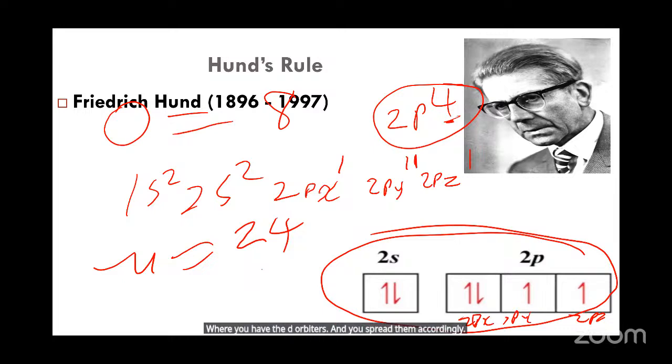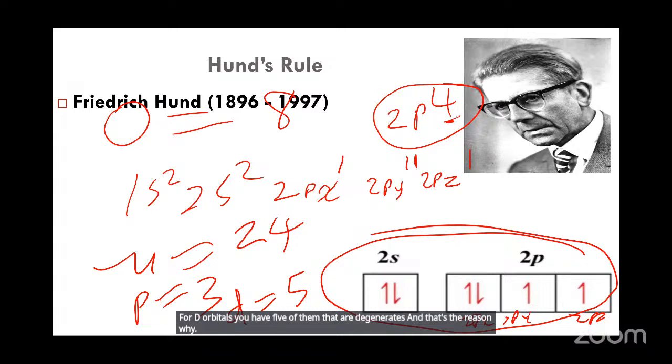Because for p orbitals, you have 3 of them that are degenerate. For d orbitals, you have 5 of them that are degenerate. And that's the reason why. So if each of them will take 2 electrons, for d orbitals, the maximum number of electrons that can go into them is 10. For p orbitals, each of them can take 2 maximum.